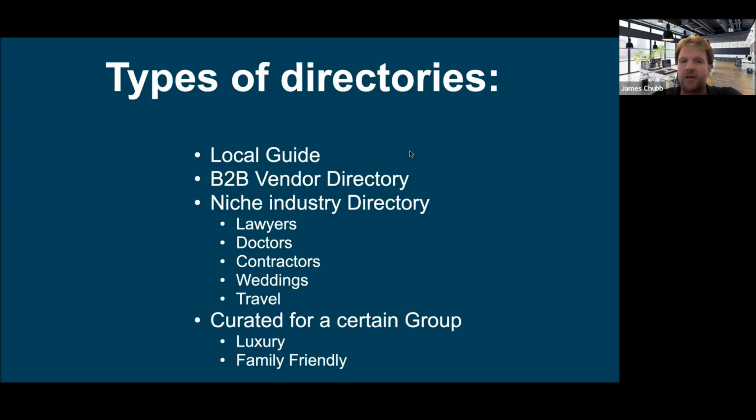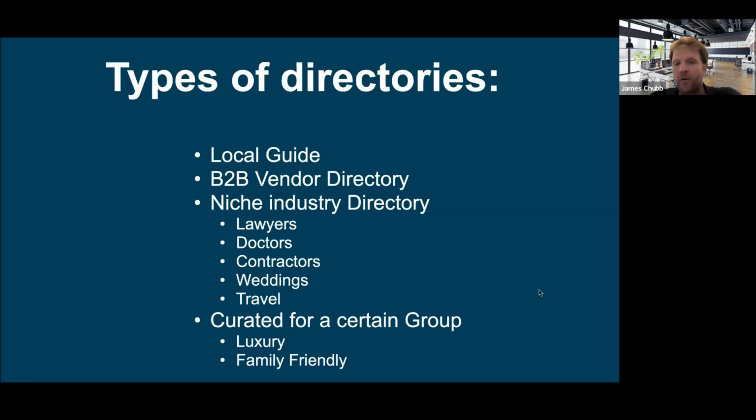Also niche industry directories: lawyers, doctors, contractors are a big one. It's really tough to find a good contractor, and you can provide a lot of value doing that. Weddings, travel, basically any subject you can think of, you can put it in a niche and then make an online directory that helps people make a purchase decision.